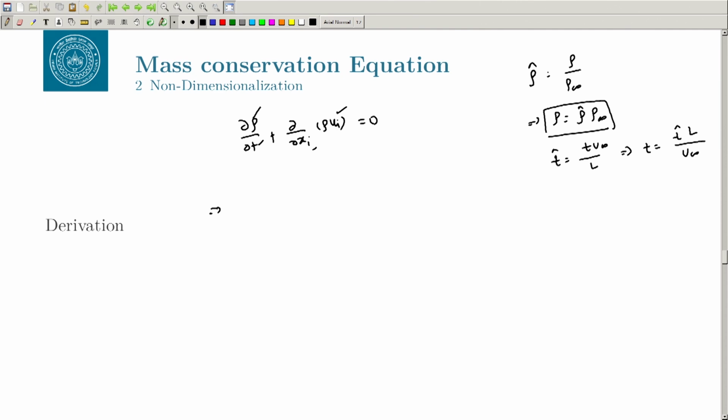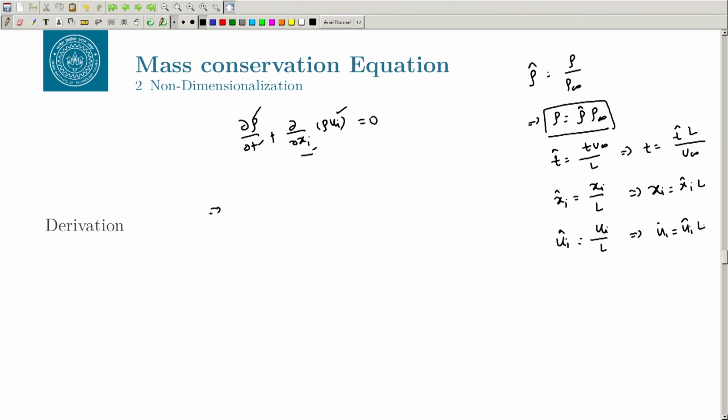Similarly, x i hat was x i by L, so x i can be written as x i hat L, and similarly u i hat was u i by u infinity, so u i can be written as u i hat u infinity.